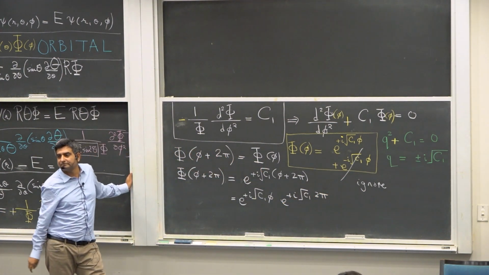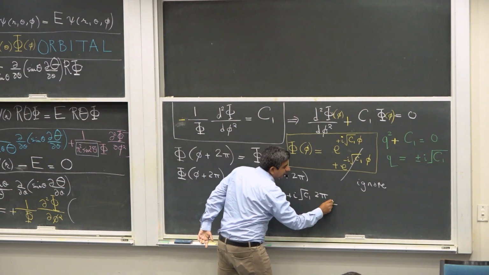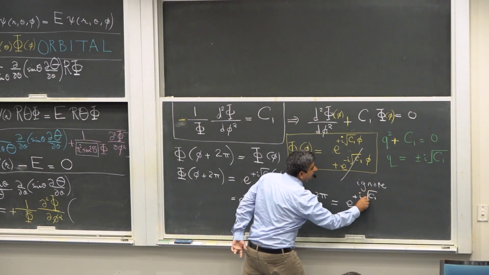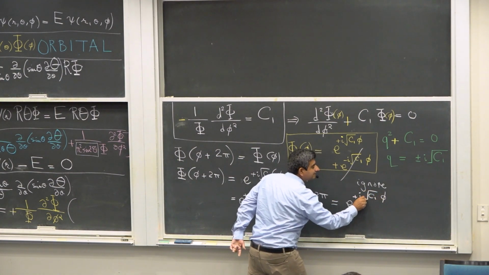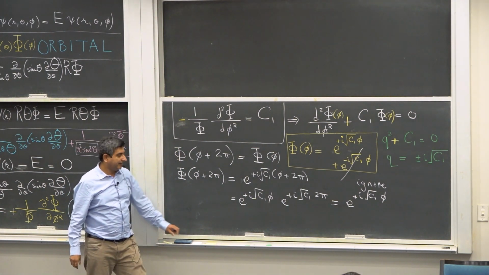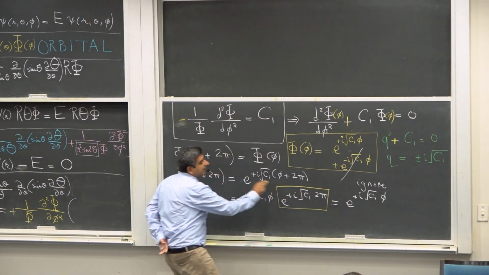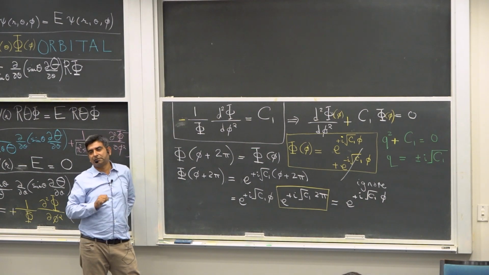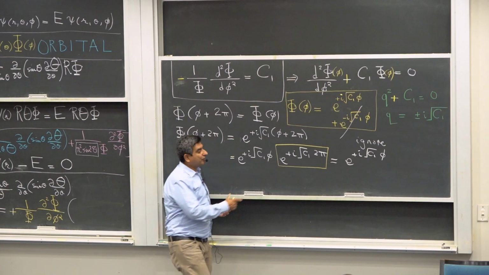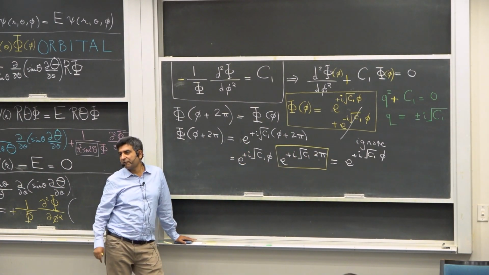Right? But this must be equal to this thing, which means that this must equal E plus I C1 under root phi. What does this imply? This implies that this term over here must be equal to 1. What does this imply for this exponent over here? 0 or a multiple of 2 pi.